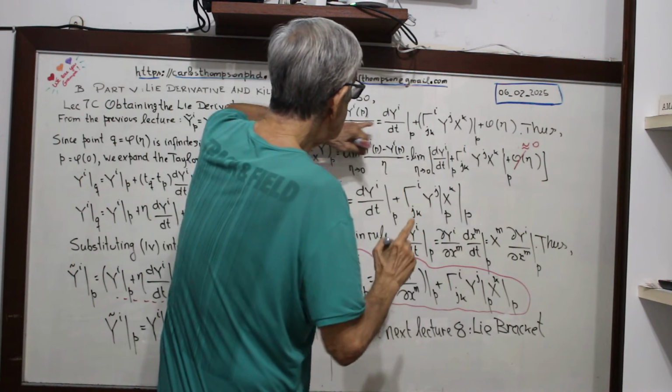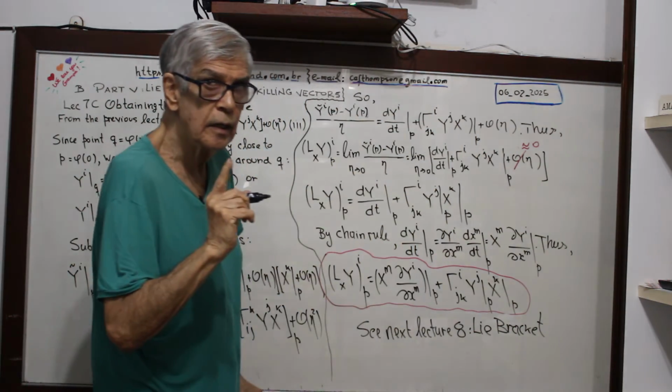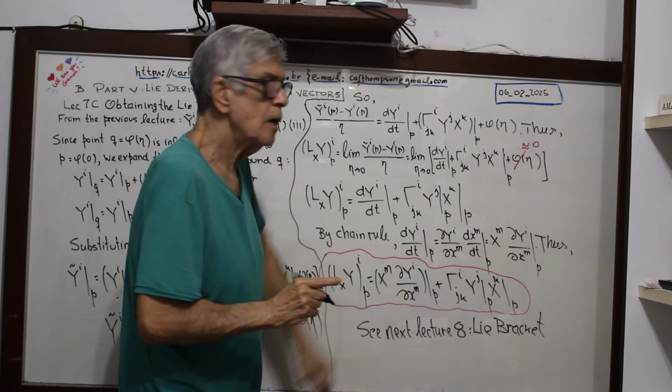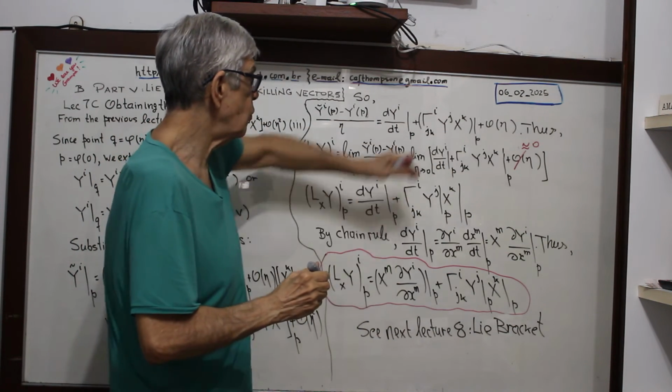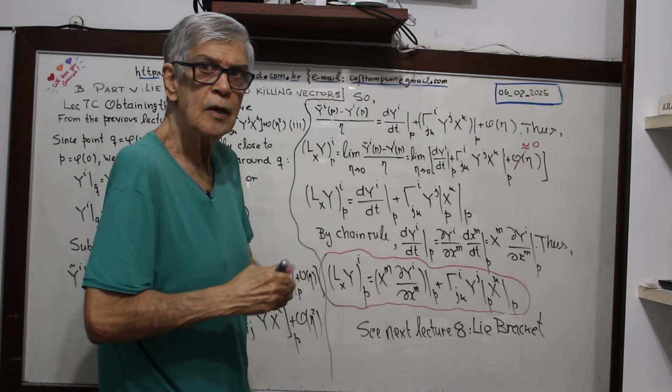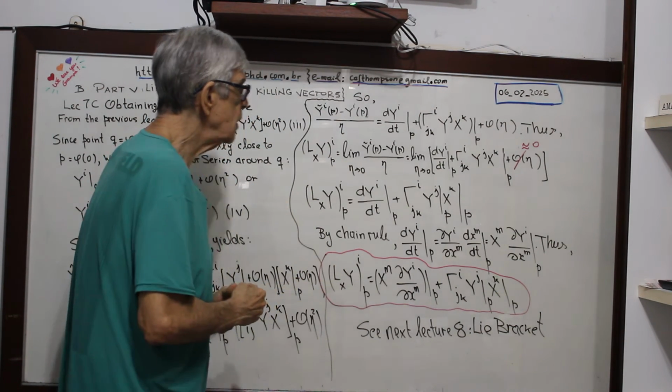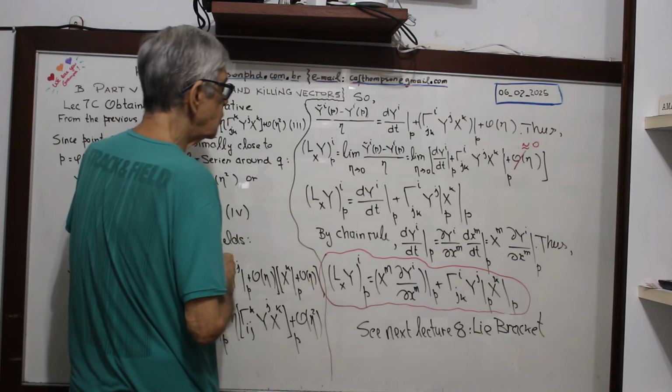Attention now: i here is free, but j and k are dummy indices, so you have to add; in R3, j equals 1, 2, 3, and k equals 1, 2, 3. You can expand.